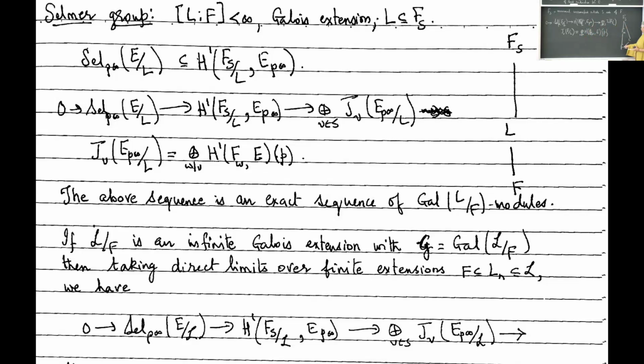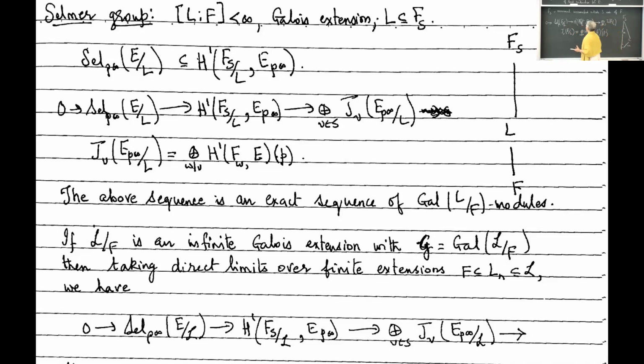So any prime here, when I take a finite extension, there is going to be a finite set of primes above it. And then the Galois group acts on those. And I complete L with respect to each of those primes, take the Galois cohomology, and then take the p primary torsion part of that. And I take the direct sum over all the primes lying above each v. We do this. So the Selmer group is this.